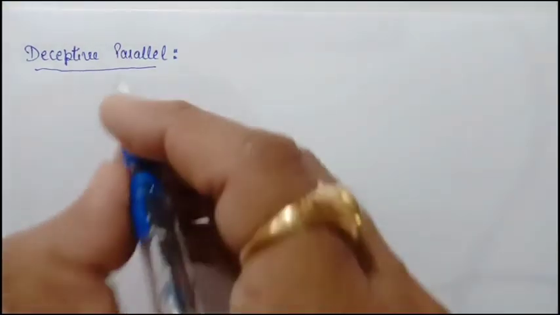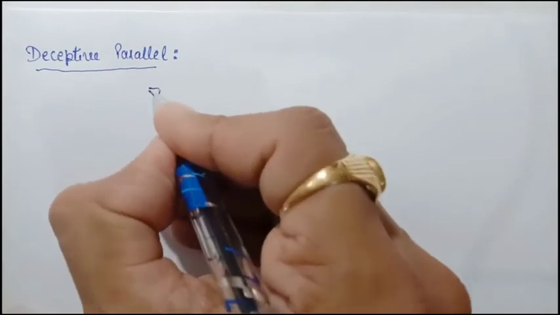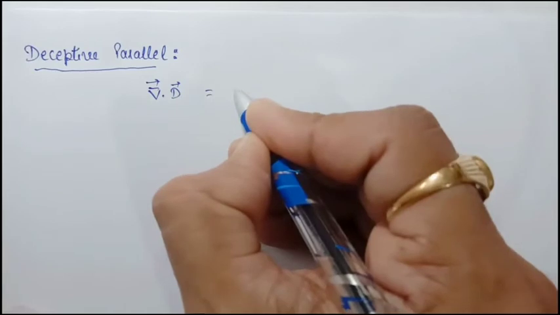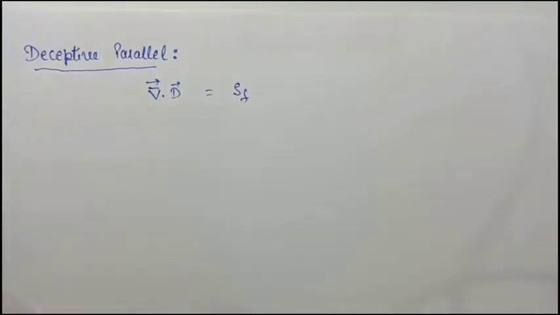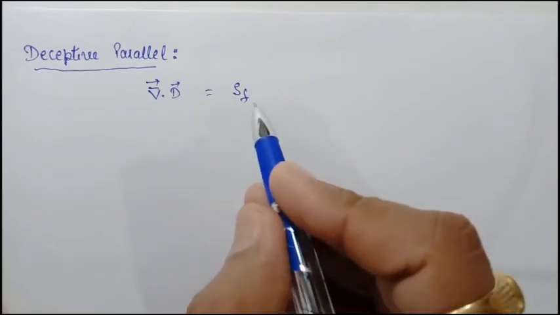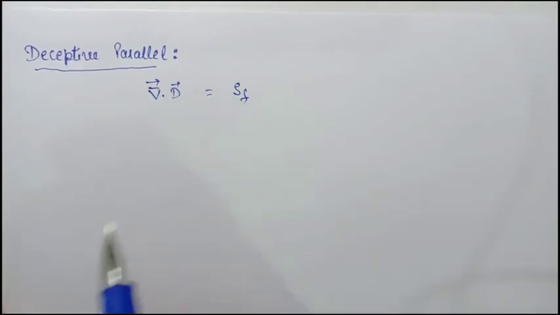As we discussed, in the presence of dielectric, Gauss law is del dot D is equals to rho f. So this is the differential form of Gauss law in dielectric, that is divergence of electric displacement vector is equals to the volume charge density for free charges.